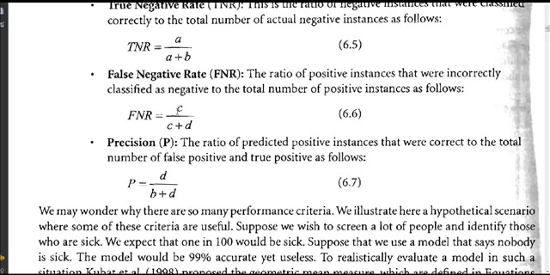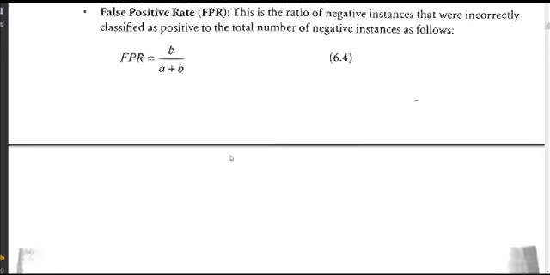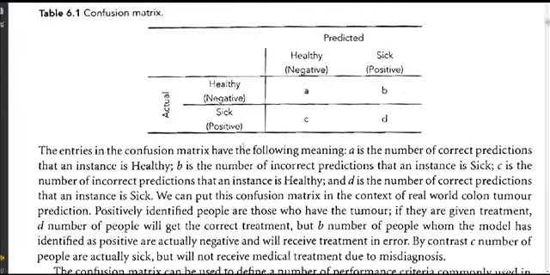So that's D over B plus D. D over this one plus this one, these two. So what's that? That is from the people that are predicted as sick. So our test predicts them as sick. How many are actually sick? That's called the precision. Okay.